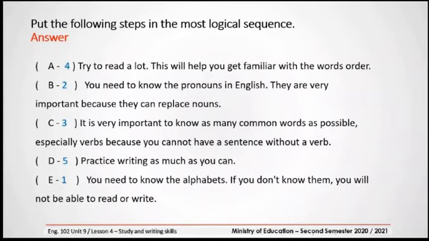So first, you know the alphabets. Then you know the pronouns in English. And after that is C. Do we have someone who put C in the third place?